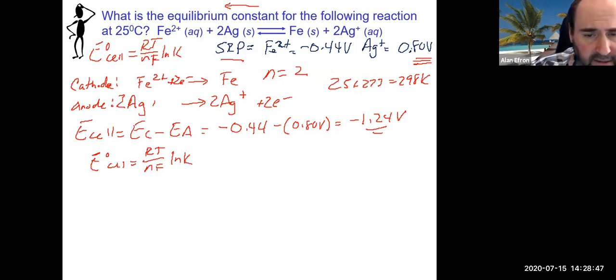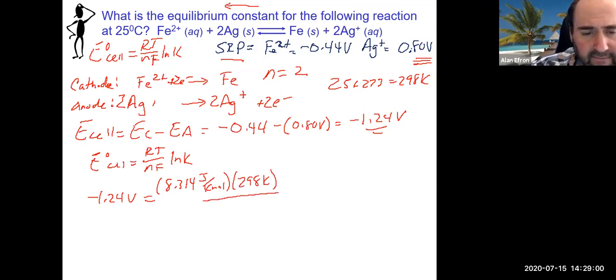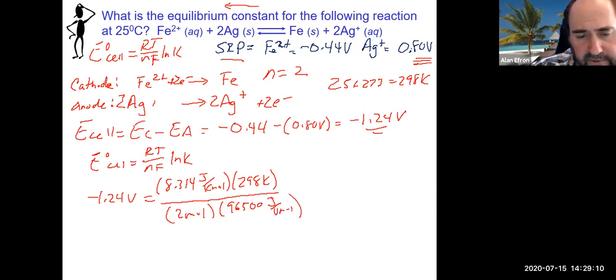And that means that our E of the cell is minus 1.24 volts. R is 8.314. Temperature going to be 298 divided by our N, which is 2, and our Faraday's constant, 96,500 joules per volt per mole. And the natural log of K.